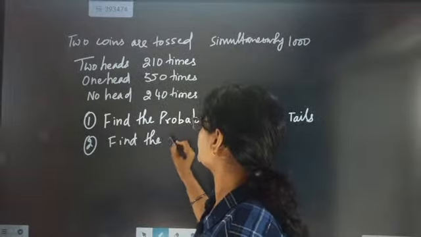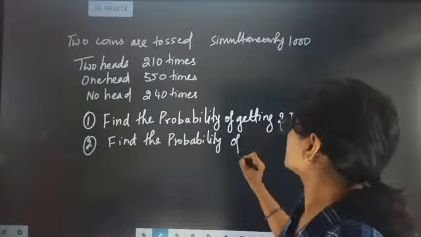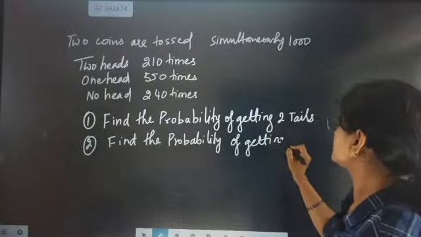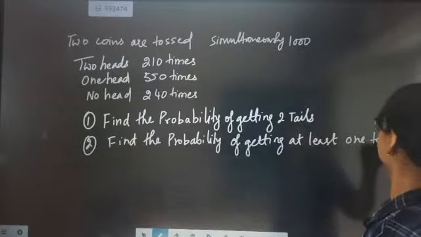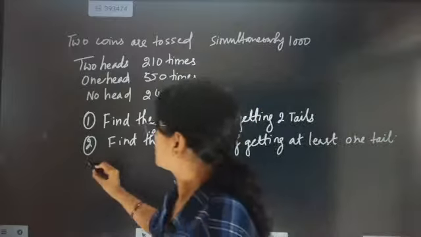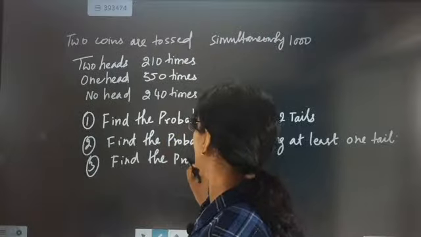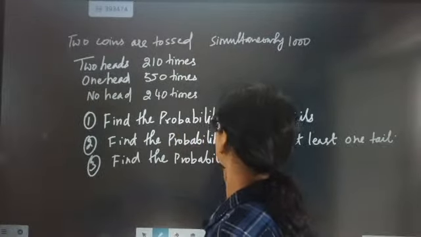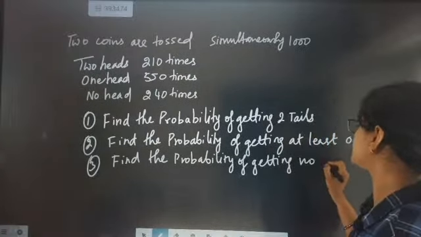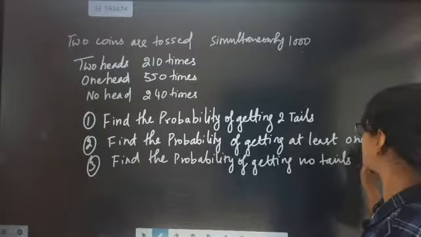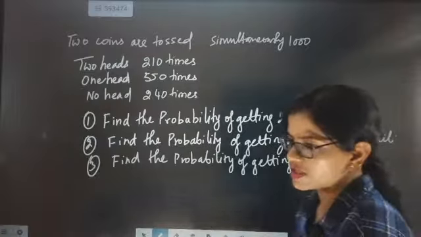Then find the probability of getting at least one tail. Then find the probability of getting no tails.